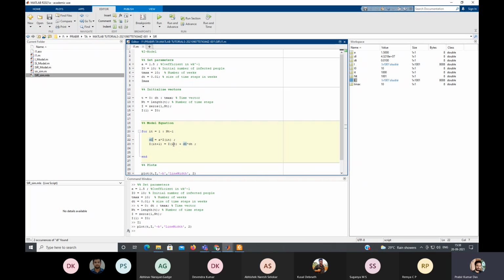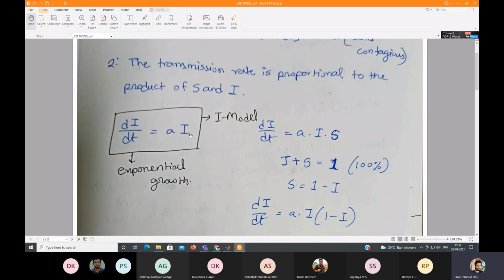If we rewrite this equation, take this term here, I of it plus 1 minus I of it, and take this dt here, divide by dt is equal to di. So isn't it kind of the derivative term? You do not compare it with the mathematical calculation. It is the way of writing code. For mathematics, it is a continuous function, but in Matlab, it is not a continuous function.